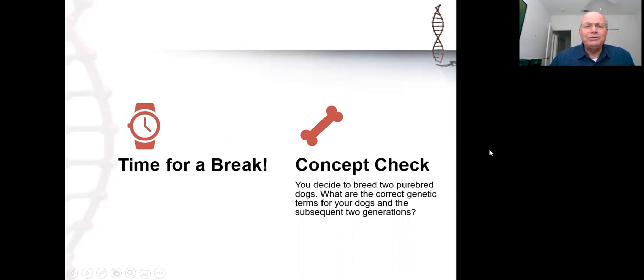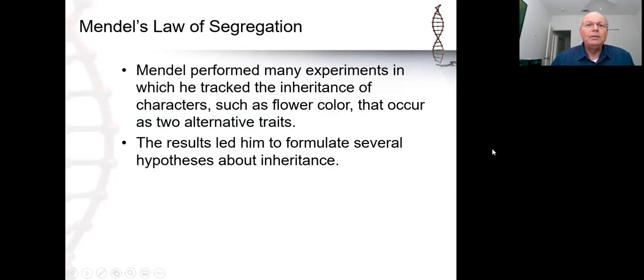So let's take a look at Mendel's first law called the law of segregation. In the law of segregation experiments, Mendel worked with plants that differed in the traits for one character, what is referred to as a monohybrid cross.